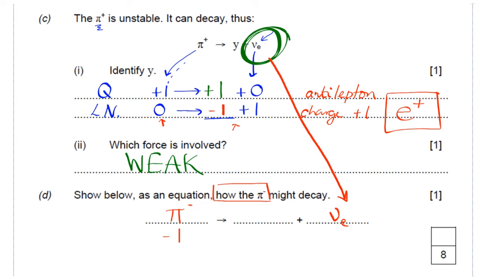The problem is we want a charge of minus 1, and we don't have an anti-lepton. Obviously, the lepton numbers are going to be 0. That's plus 1 at the moment. We need this to be minus 1. We don't have an anti-lepton with a charge of minus 1, so we'll have to adapt all this. We have an anti-neutrino here. And then we can use lepton number plus 1, charge of minus 1, our friend the electron. And there you go, 8 out of 8.